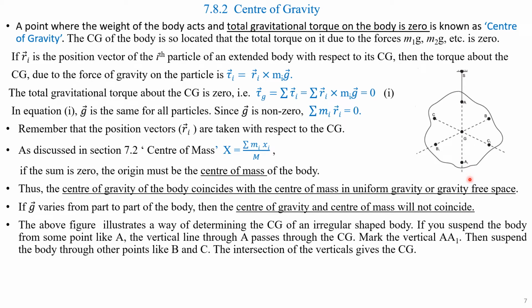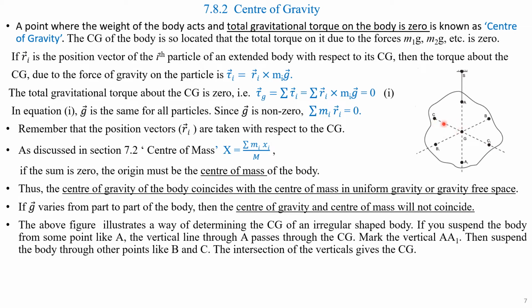Then suspend this body again from points B and C, and you get the points B1 and C1 as shown in the figure. If you suspend from point B, you will get B1. Join B to B1. Similarly, next suspend from C and join C to C1.